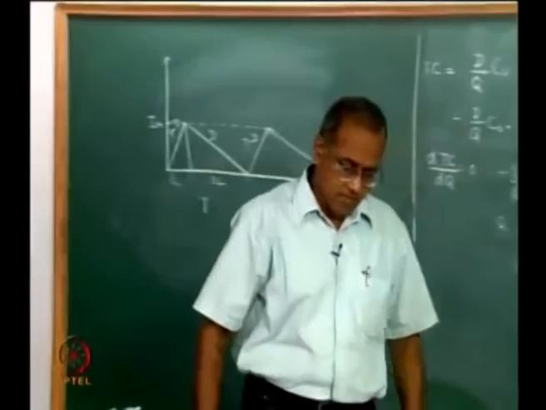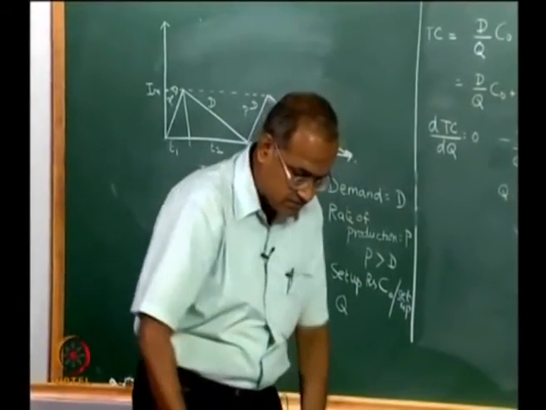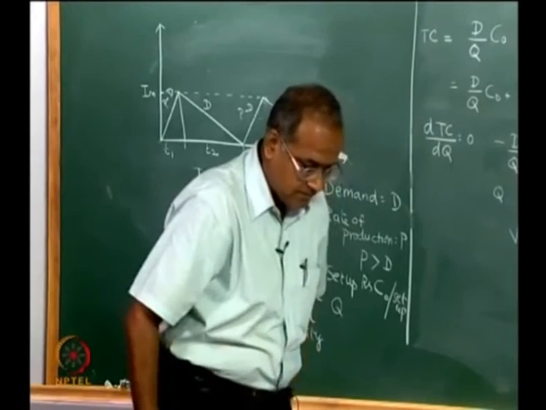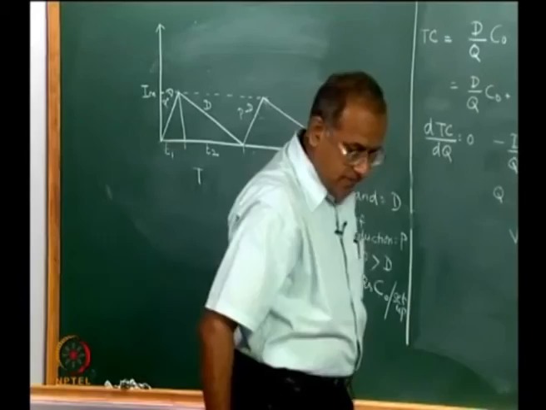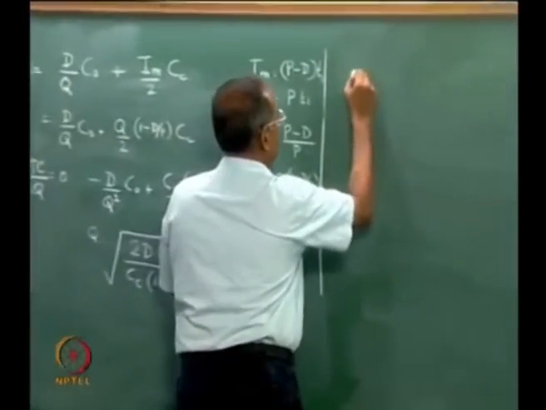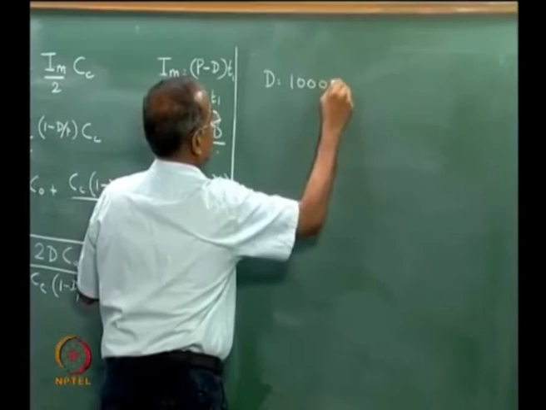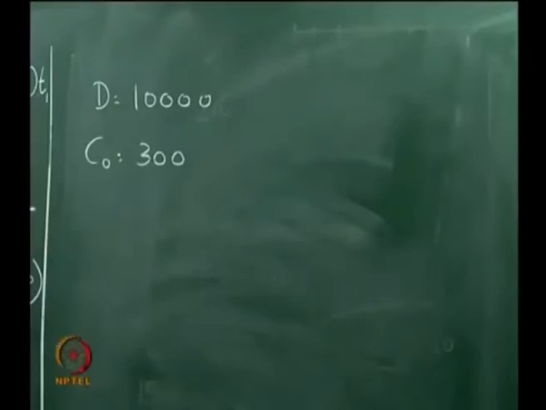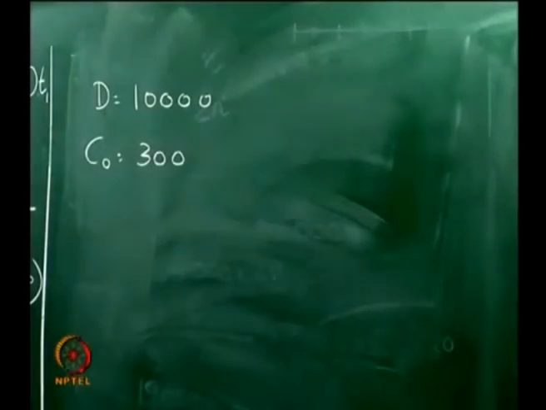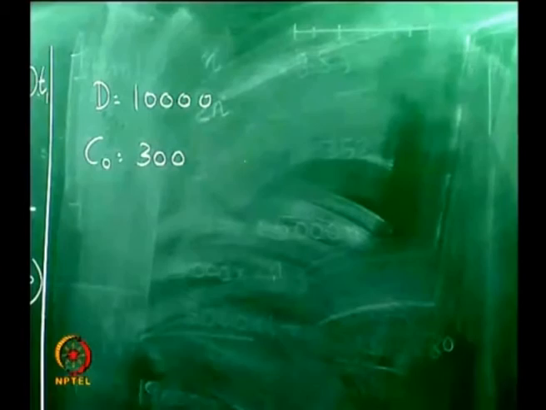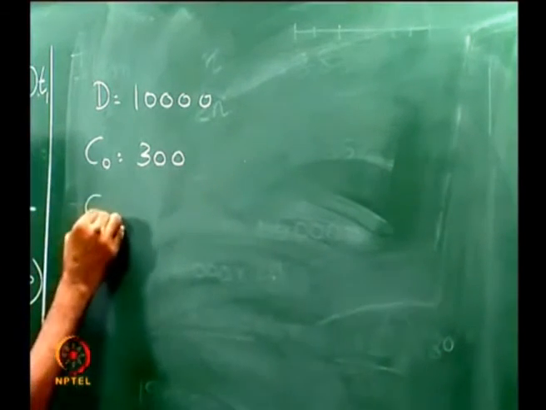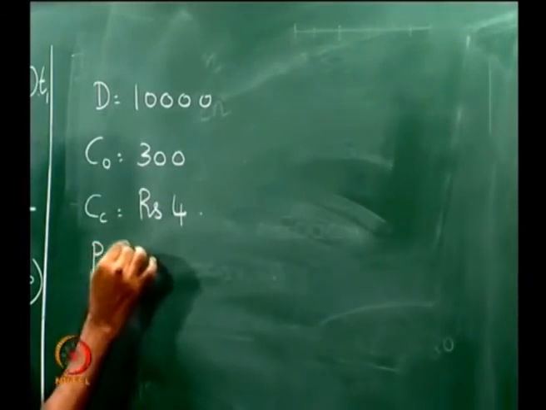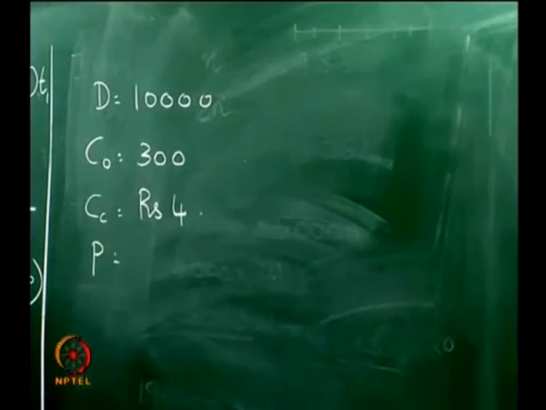Let us look at an illustration where D is 10,000 per year, C naught is 300, Cc is 4 and P is 20,000 per year.